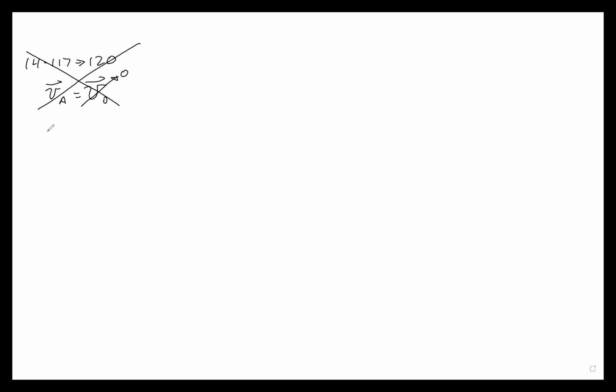So in other words, we're going to have a generic equation here. Velocity of A is equal to velocity of B, plus the angular velocity crossed with the distance between cars A and B, plus the velocity of A relative to the rotating axis.